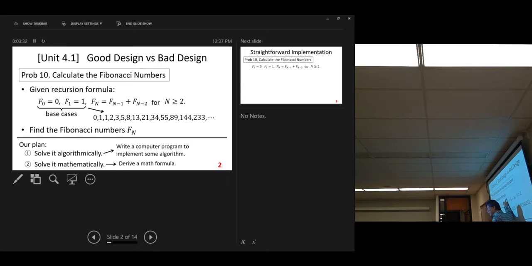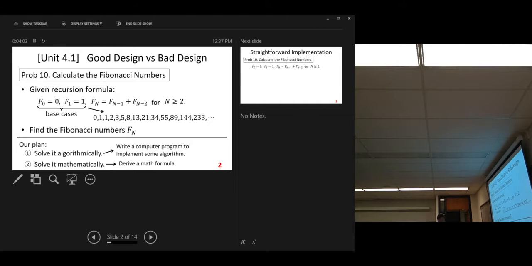Put a cube here. So who can solve it? Yeah, so it's very easy. Someone can write a recursion formula that nobody can solve. So that's why the second way, only for very special cases, we can solve. In general, we cannot solve. But we can always solve by writing a program.